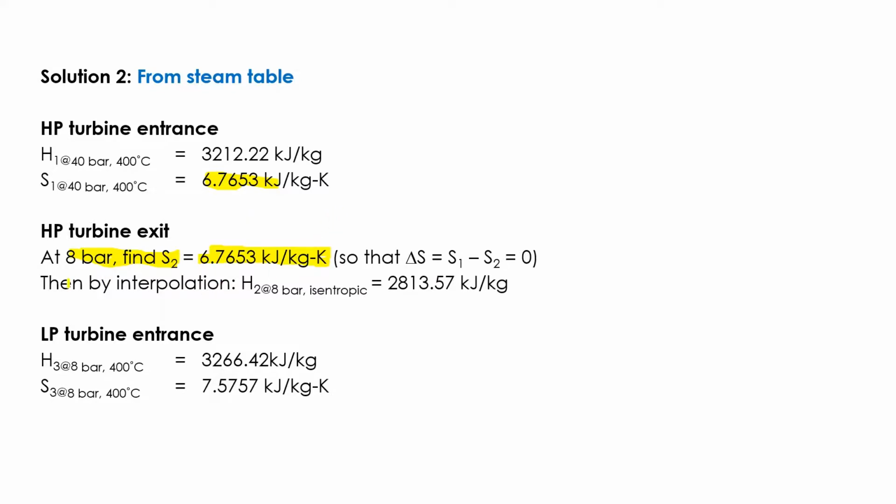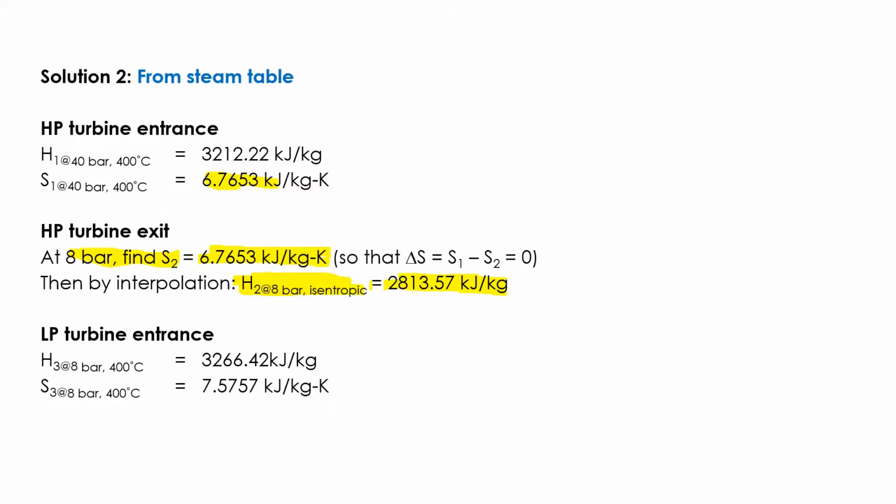We look into the table and then find out the enthalpy at this point is corresponding to this value, okay, and this is basically the point where the steam exits from the high pressure turbine.